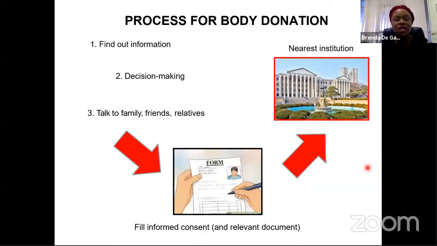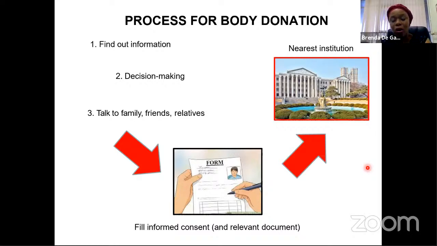Once you have the information, then you can make your decision. But before you fully make your decision, I normally encourage that you talk to family, friends and relatives. Family not agreeing with someone donating their body has come up in literature as one of the factors that impact negatively on someone donating their body.